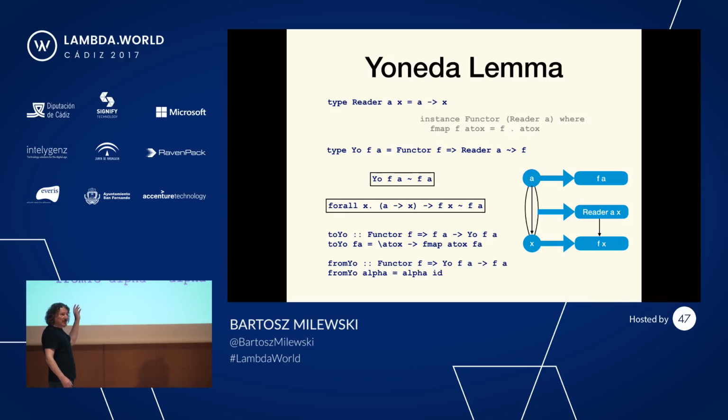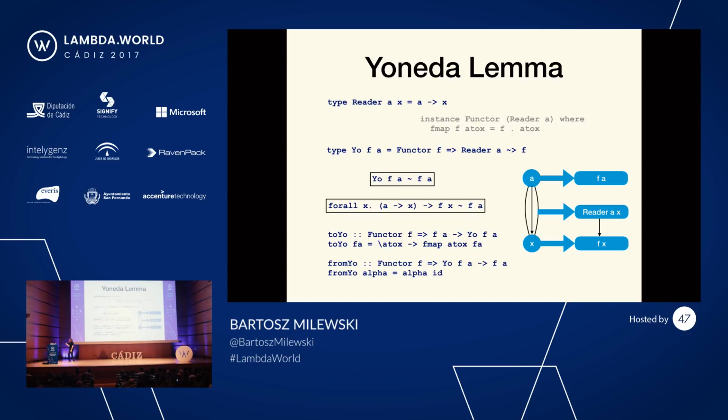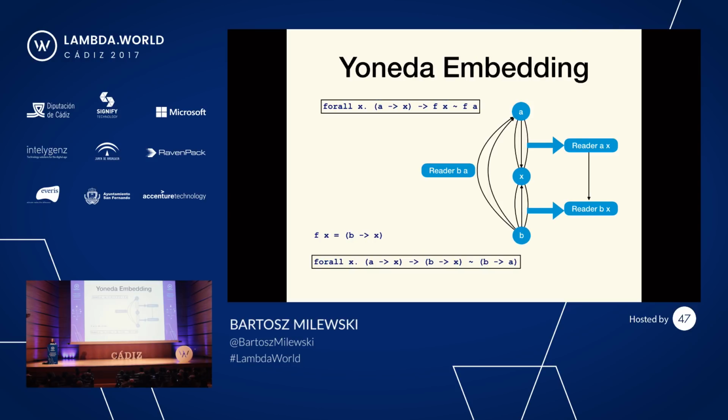And here's a little proof that the Yoneda lemma works, and actually in Haskell it's almost trivial why this should work. Okay? But I'm not going to go into the details in there because I'm interested in the special case of Yoneda lemma where the second functor, so it's a natural transformation from a reader functor to some arbitrary functor f. I can replace this arbitrary functor f in particular with another reader functor, right?